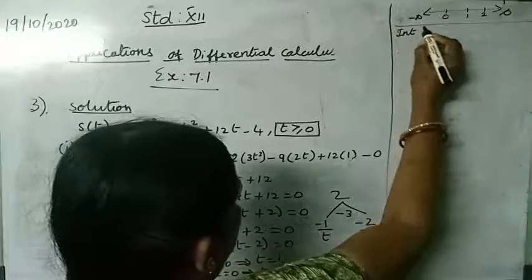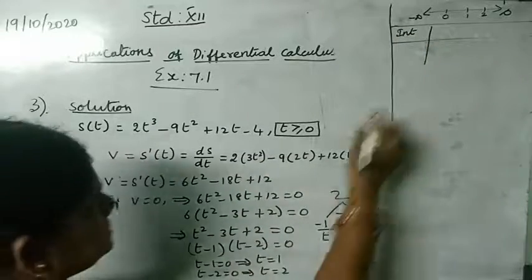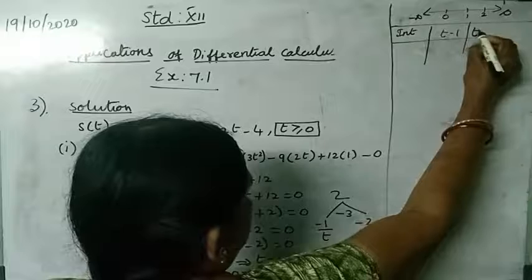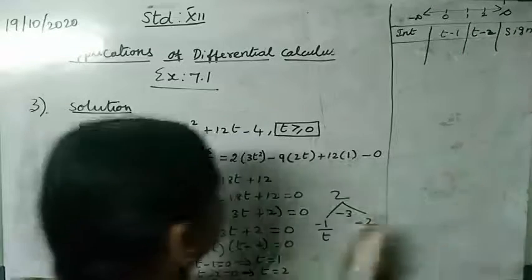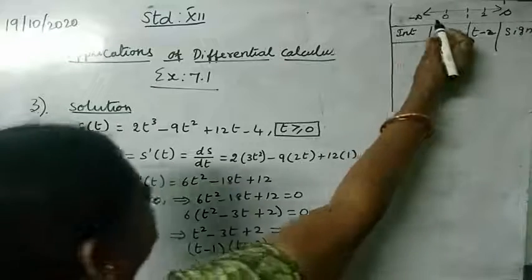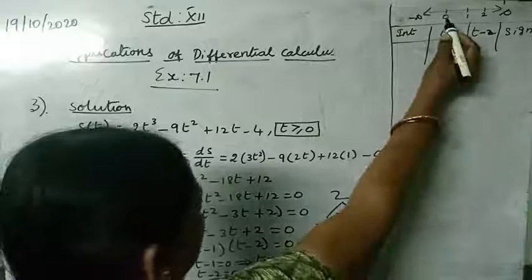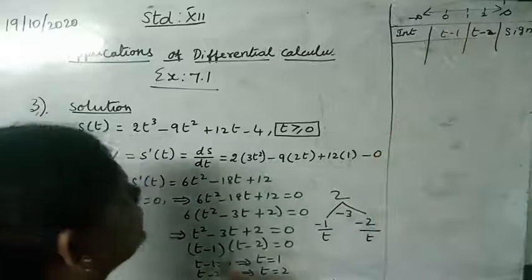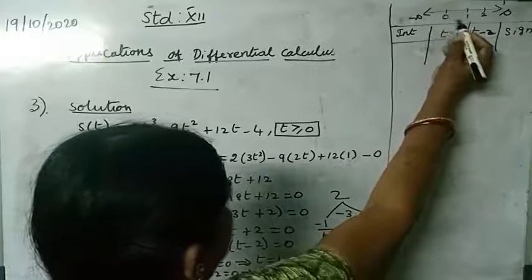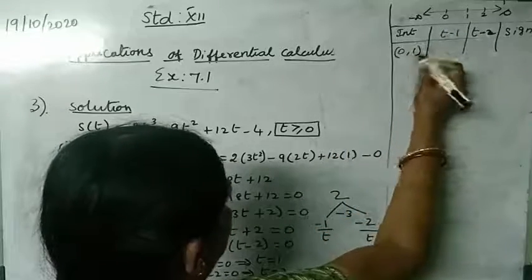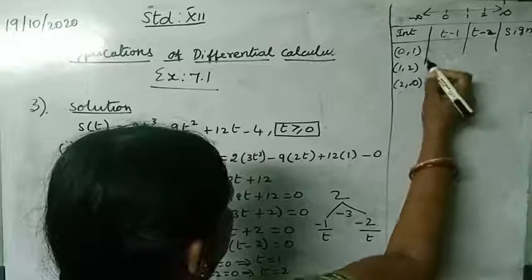So in the first column take the intervals, in the second column take these factors t minus 1 and t minus 2, and at last check the sign. Now for the intervals, the minimum number is 0 because t is greater than or equal to 0. So beyond 0 there should be no values for t. Since t is in seconds, let us take 0 comma 1 as the first interval. Then the next one is 1 comma 2. The last interval is 2 comma infinity.